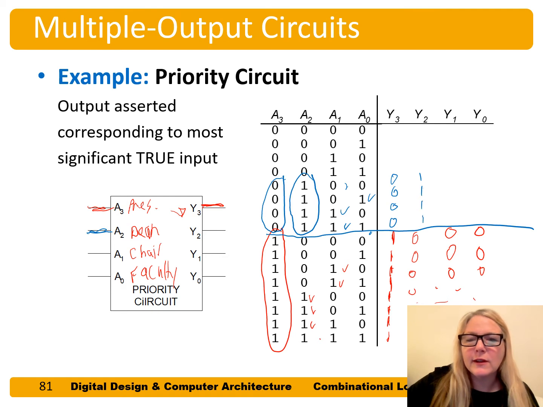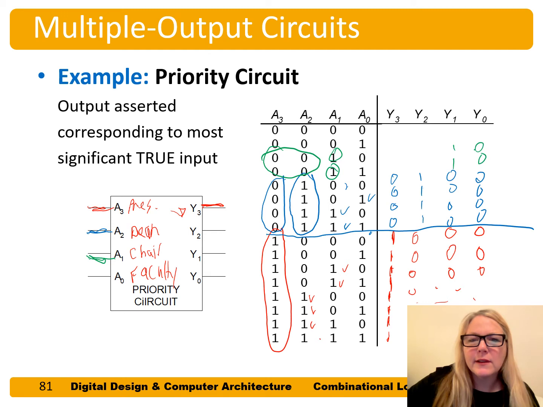But Y2 asserts to say, yeah, the dean gets to use that room, and the lower priority outputs are 0. And then the chair, if none of the higher priority inputs want to use the room and the department chair requests the room, the department chair gets to use the room, even if the faculty member requests it.